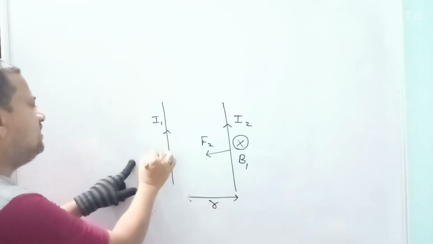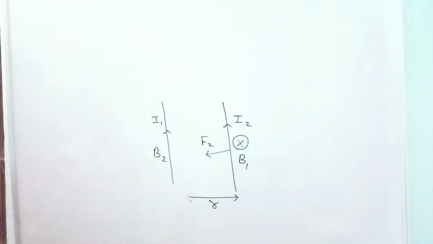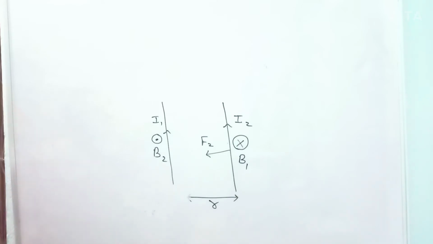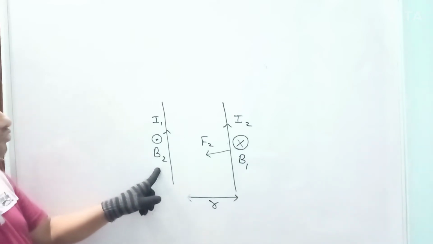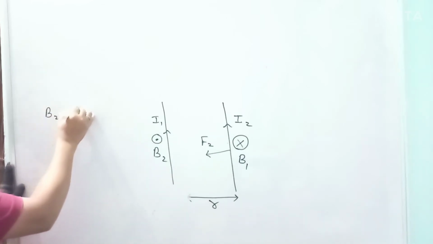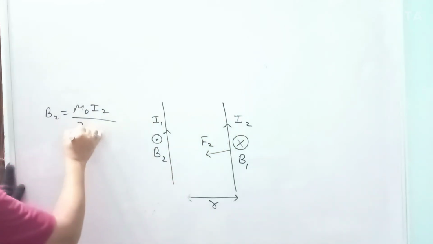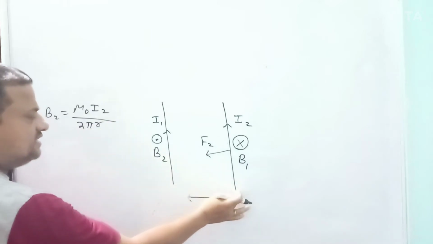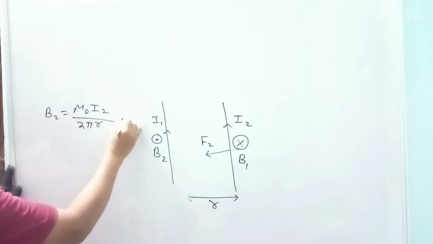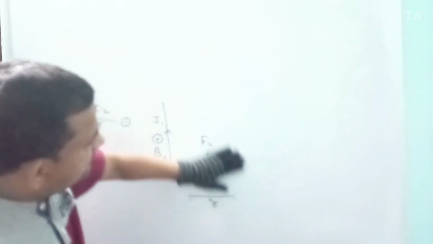This is your B2. For this conductor, the magnetic field is B2 and the direction is outward. This is the direction of magnetic field B2. So what is B2? B2 is mu naught I2 divided by 2 pi r, because from this the distance is r. So what is the direction? This is outward, as we already know. Now you forget this.